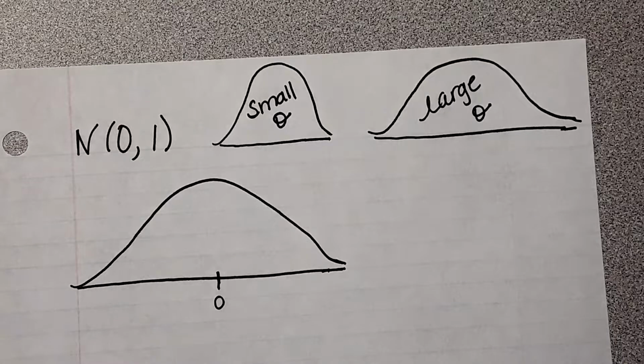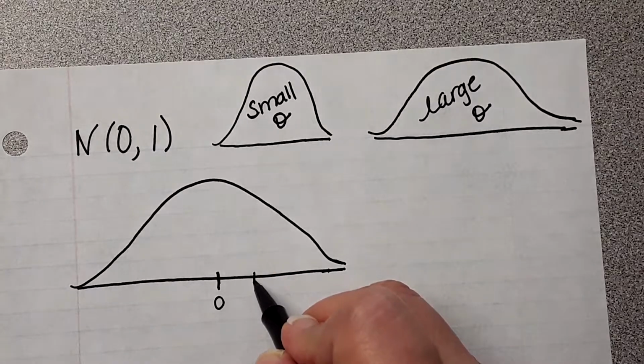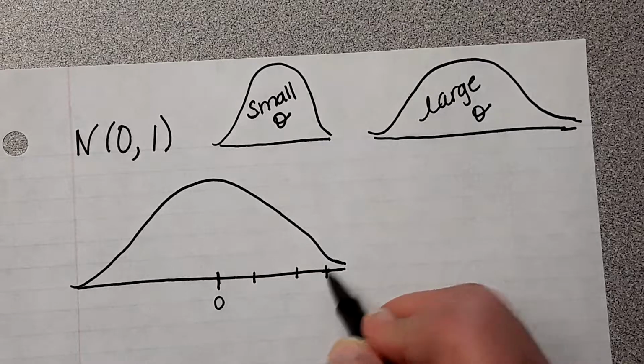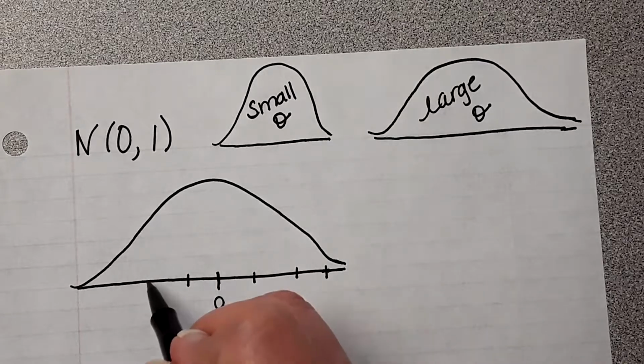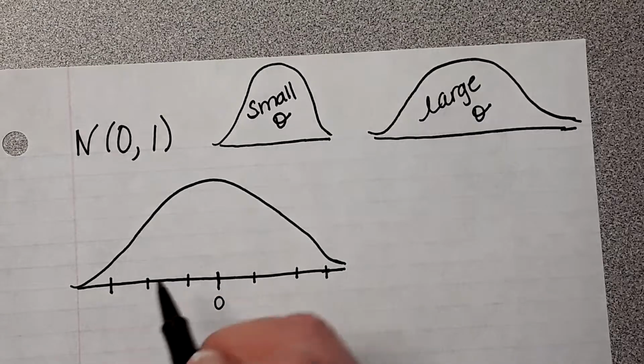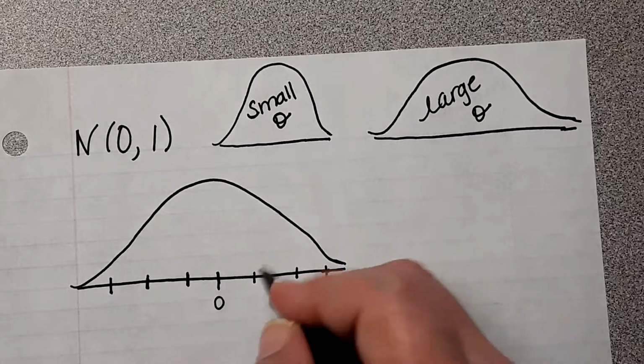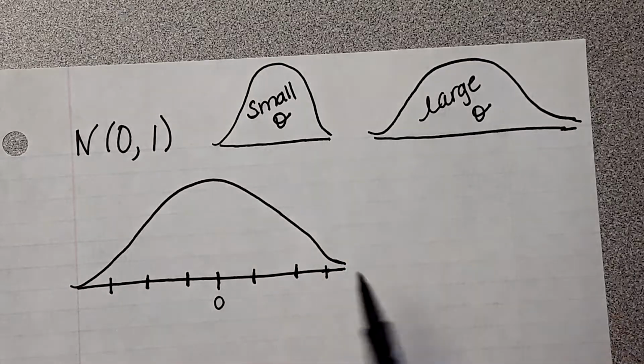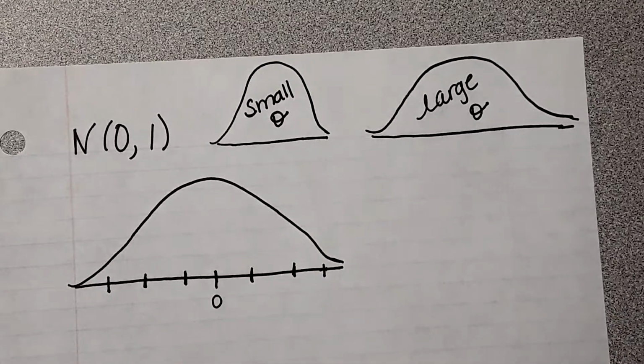Okay, so you guys, this is the mean. 50% of the data falls below the mean. 50% of the data falls above the mean. And then we're going to put in our standard deviations. Notice that I don't do very good, they should be all equal parts, okay? Are you going to lose points for this? No, but you want to do the best you can.